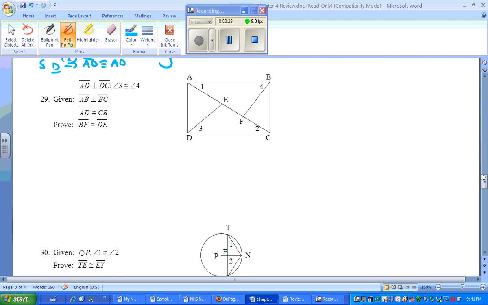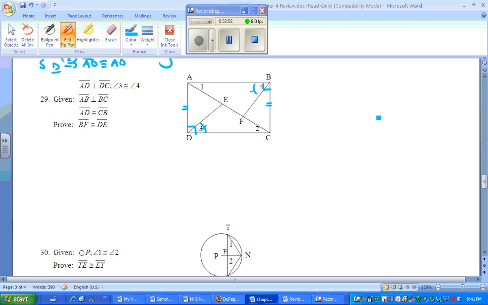Question 29. AD is perpendicular to CD, causing a right angle there. Angle 3 is congruent to angle 4. And then these are perpendicular, causing a right angle here. We have side AD congruent to side BC. We're trying to prove that BF is congruent to ED.